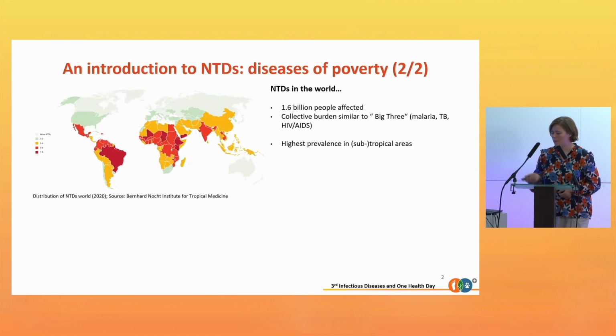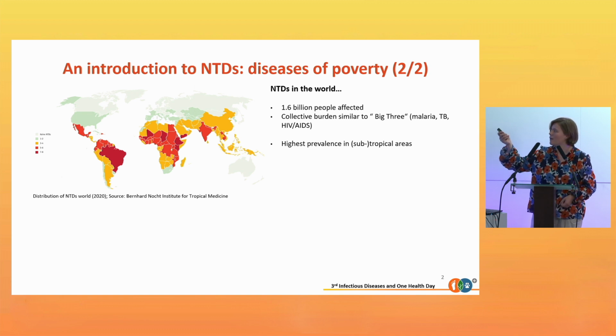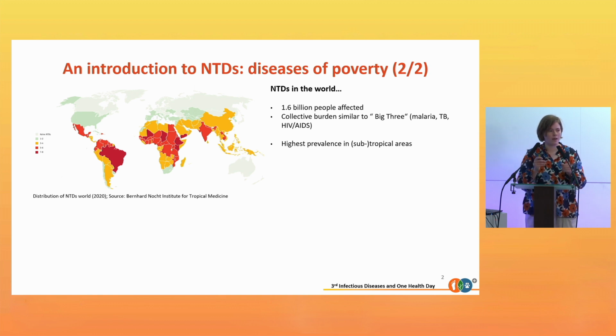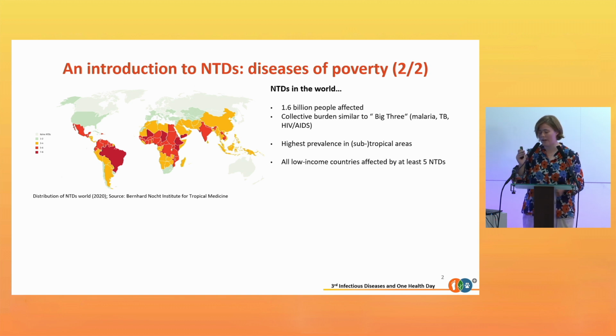If you look at the map here, they're very highly prevalent in tropical and subtropical areas, but they can be found everywhere in the world, really. What is most interesting, I feel, is that the redder the color, the more NTDs are co-endemic in that specific country. And all low-income countries, as per World Bank classification, are affected by at least 5 NTDs together.